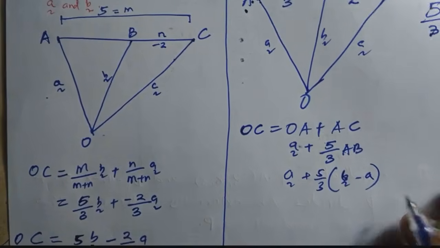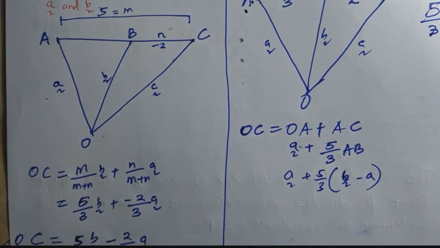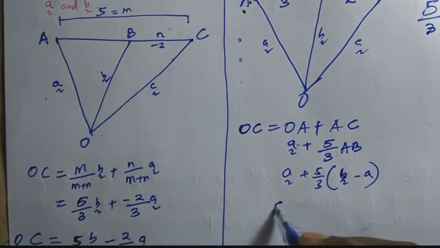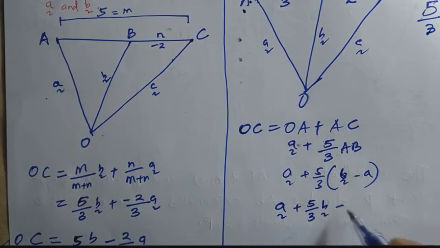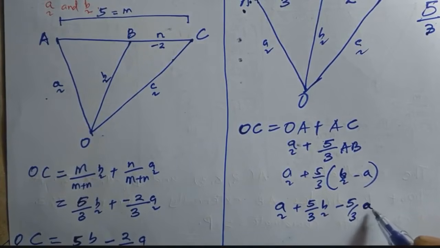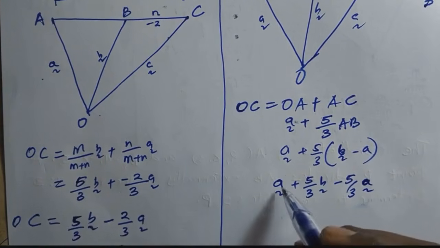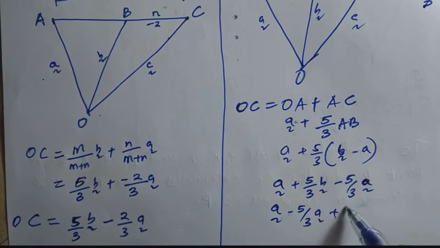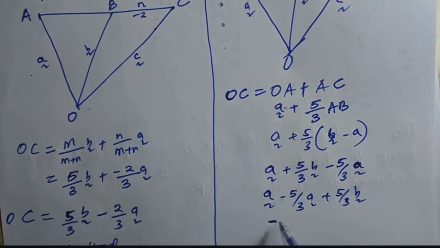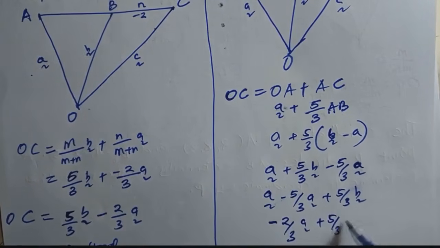So A plus 5 over 3B minus 5 over 3A. Put like terms together: A minus 5 over 3A, plus 5 over 3B. This one is going to be minus 2 over 3A plus 5 over 3B.